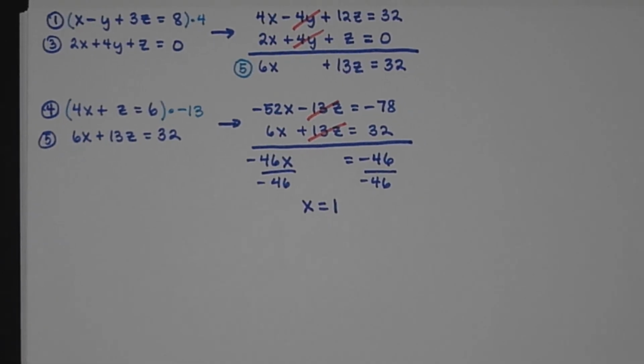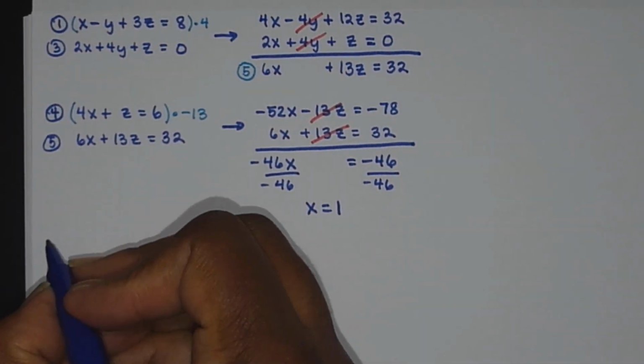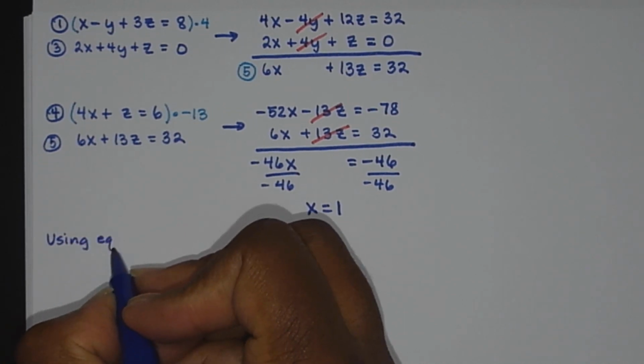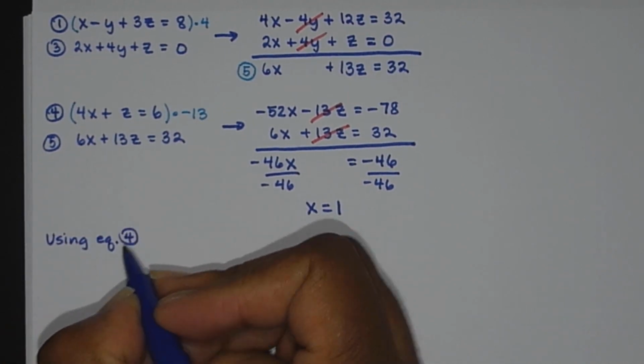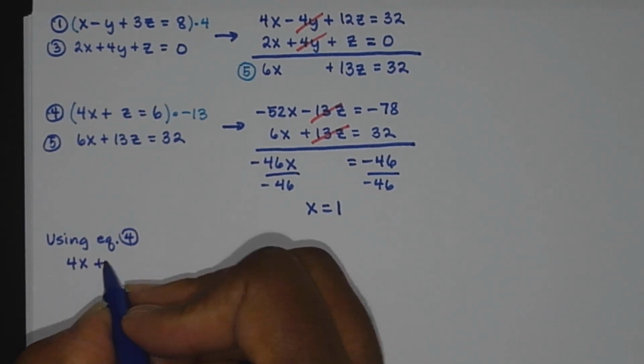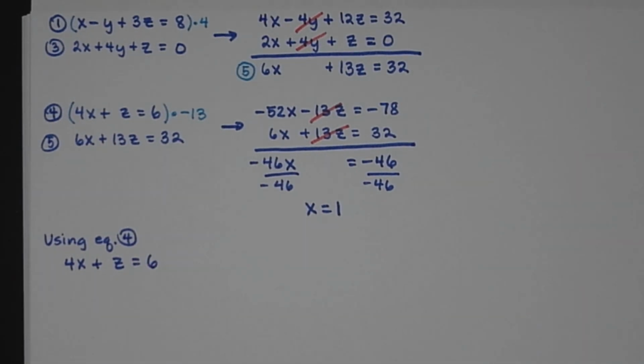Now we're going to find out what z is by using either equation 4 or 5, because both of those equations are in two variables. So here I'm going to use equation 4. And equation 4 is 4x plus z is equal to 6.